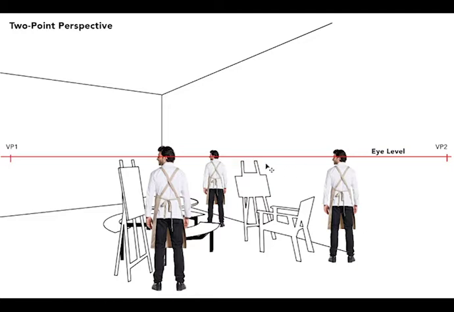So again, you can see that the eye level line again crosses across his eyes. And notice that the man has become shorter or smaller. That's because he's now further away from the camera. So in perspective, objects become smaller as they move further away from the camera.